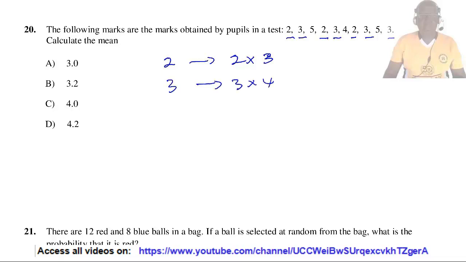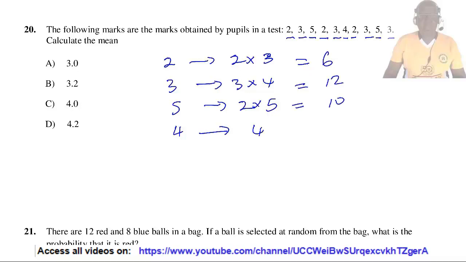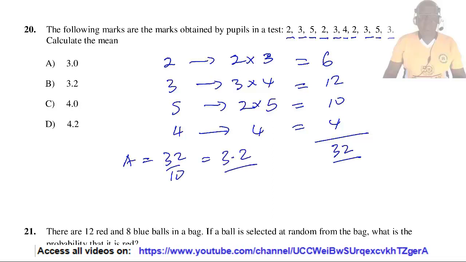The 5's are 1, 2, so 2 times 5, and the 4 is only 1, so 4. This is 6, this is 12, this is 10, and this is 4. The total is 18 plus 14, that's 32. There are 10 numbers, so the average is 32 divided by 10, which is equal to 3.2. So the answer is B.